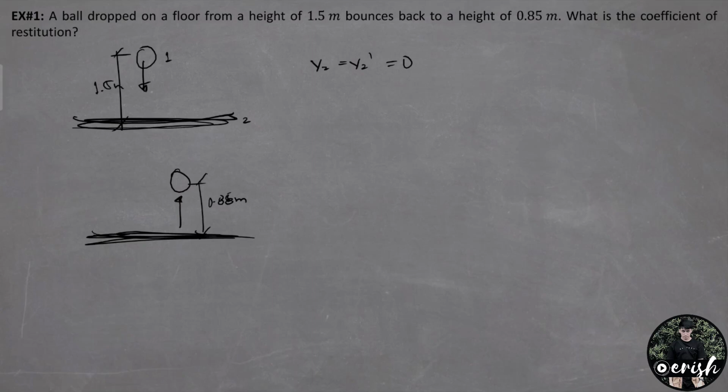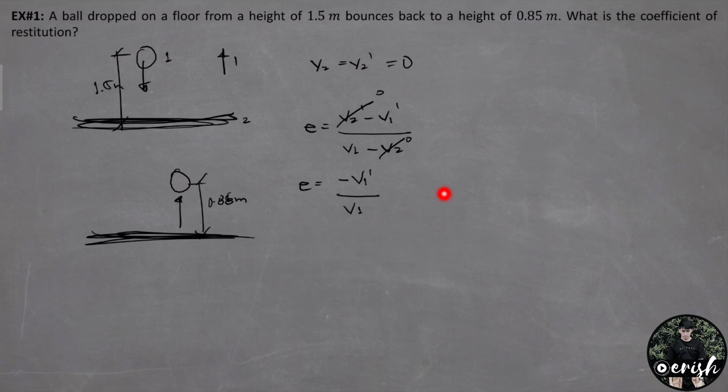Ang formula again natin for the coefficient of restitution is equal to V2 prime minus V1 prime over V1 minus V2. 0 na sa atin yung V2 prime and V2. Coefficient of restitution e is equal to negative V1 prime over V1.